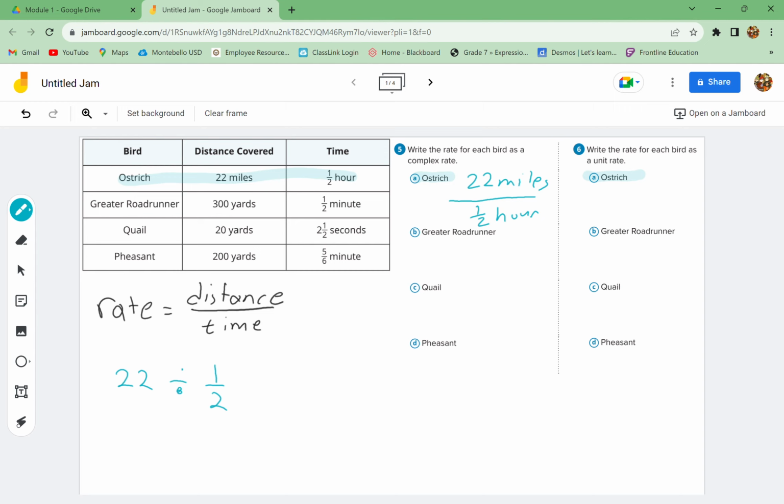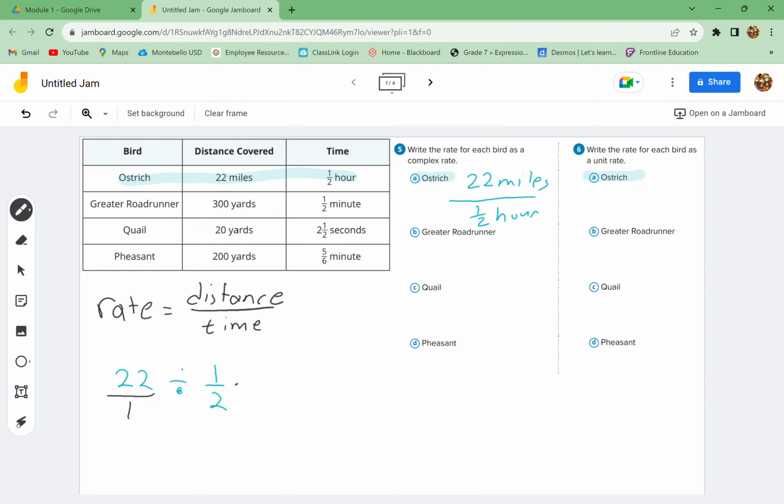Then what you do is what we did before. Remember in class, every whole number has a 1 underneath. Then I want to change the division to a multiplication, and then we flip, or find the reciprocal of, this fraction right here.